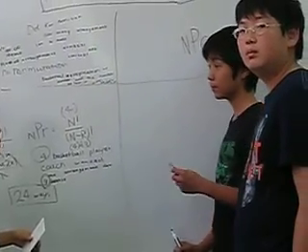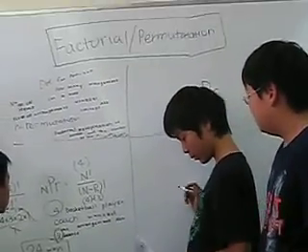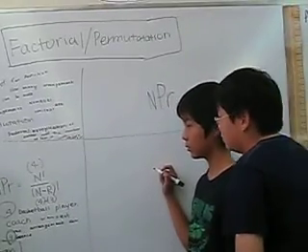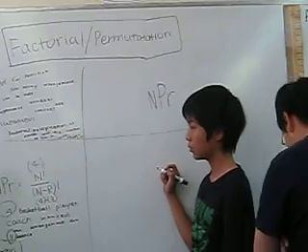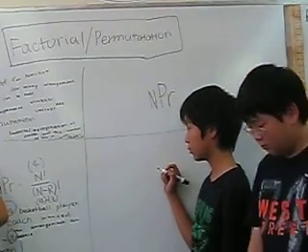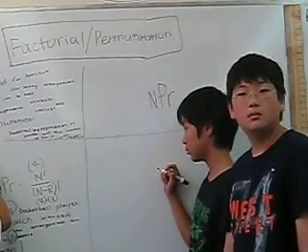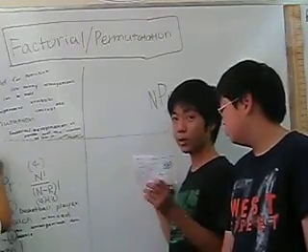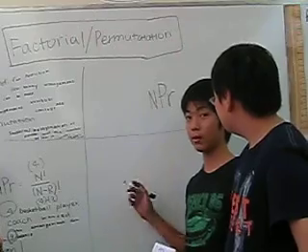Okay, now explain why Justin explained that nPr box up there. What does that have to do with anything? Because nPr is what solves the permutation. Okay, that's it? No, there's a reason why we're doing this in our life.